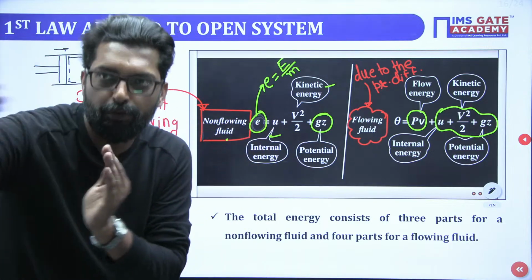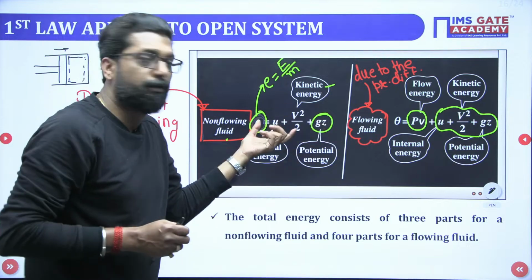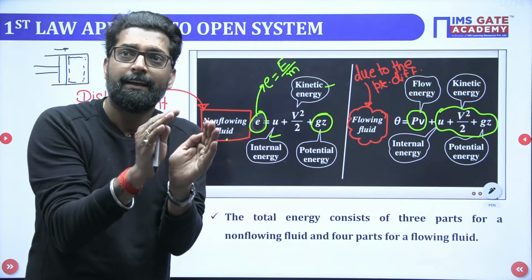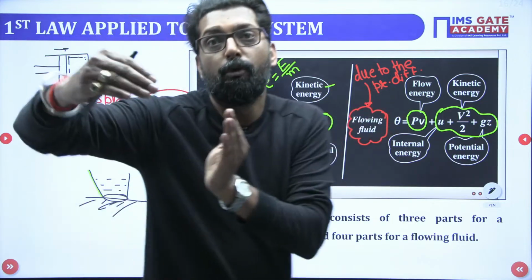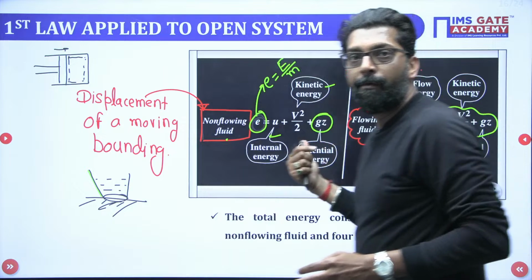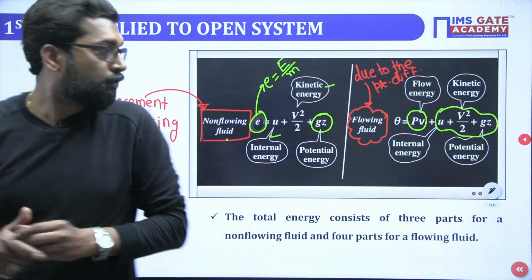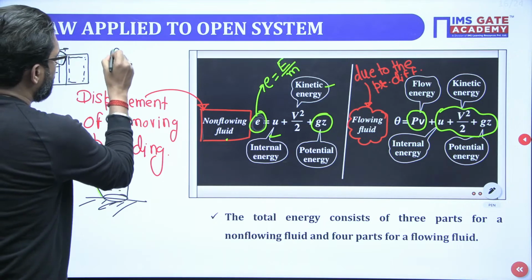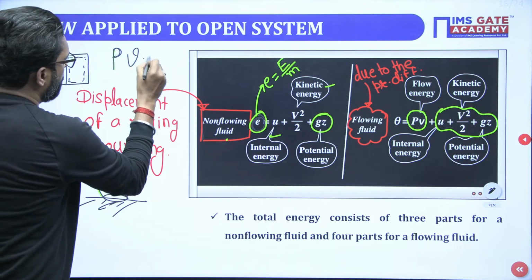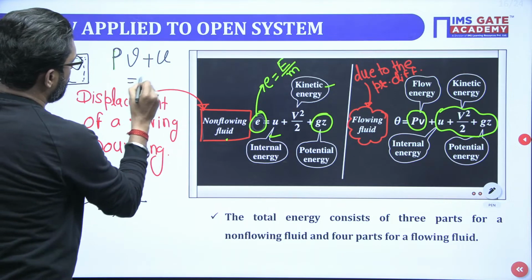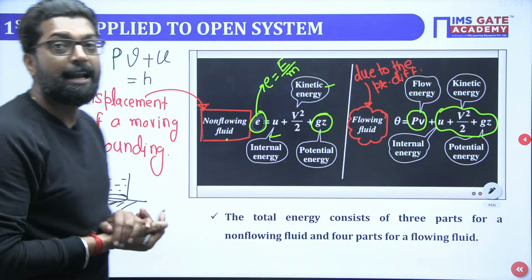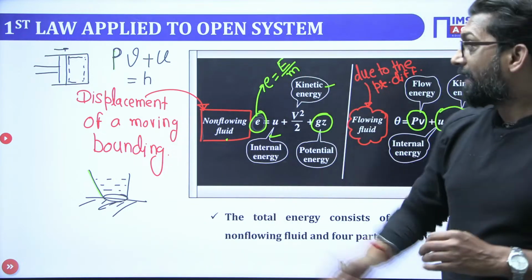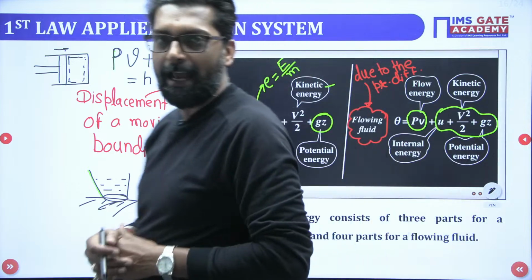Displacement of a boundary has a lower energy as compared to fluid movement due to pressure. So P times V plus the internal energy is called enthalpy H, and enthalpy is also a property of a system. So that is the birth of enthalpy.